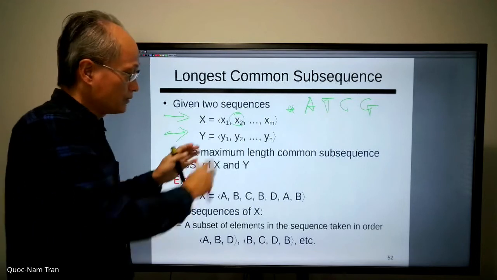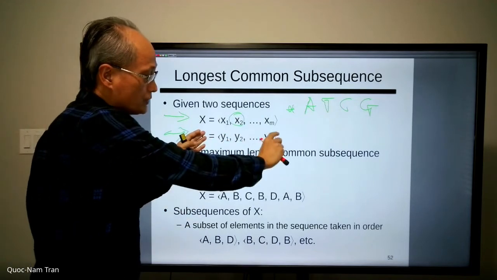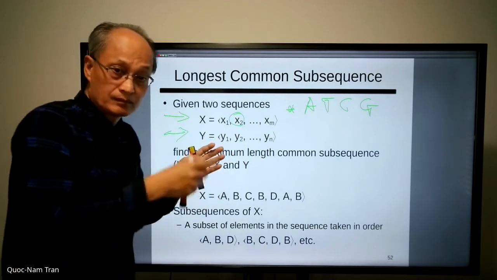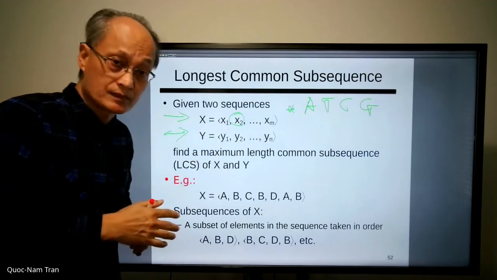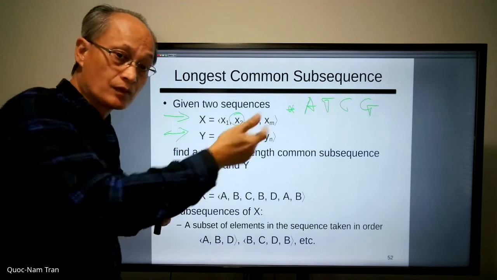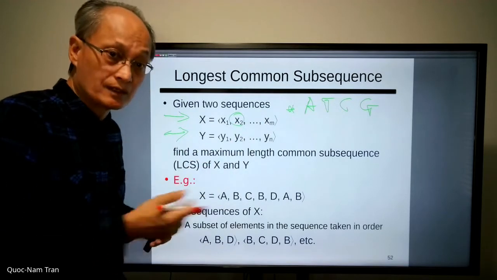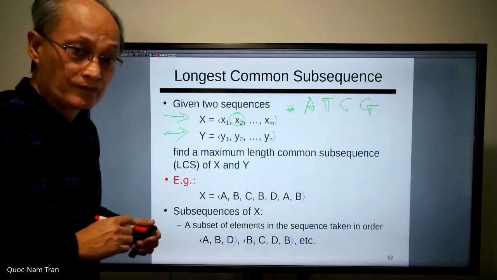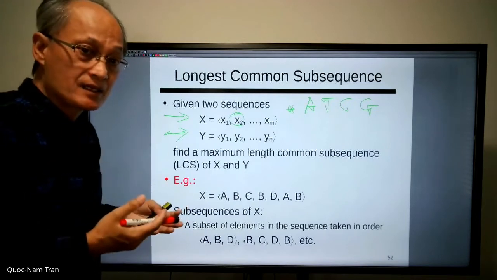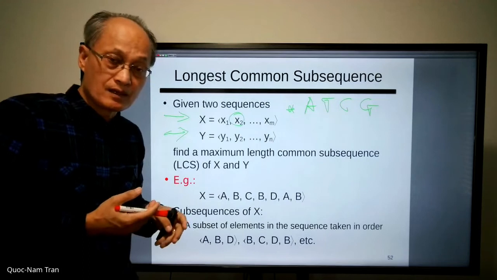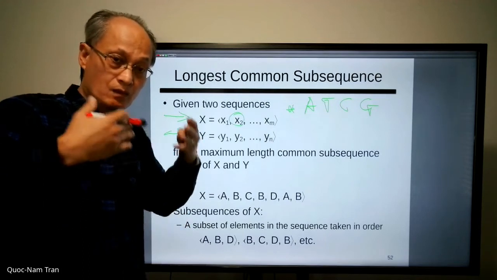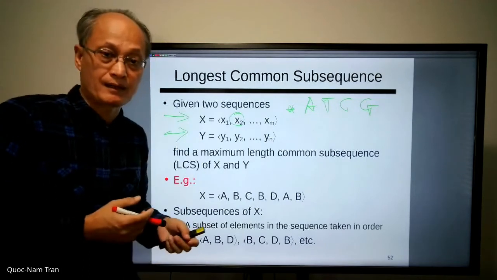So, for example, the original gene is here, and some nucleotide may be inserted, and at the same time, some may be removed, right? Or deletion from the original gene. So the main thing is that if you have two different versions of the virus, we want to know what are the common parts of them.